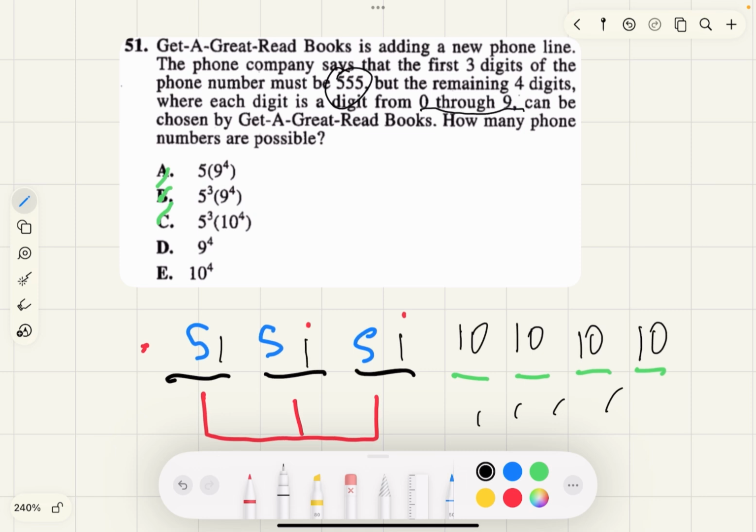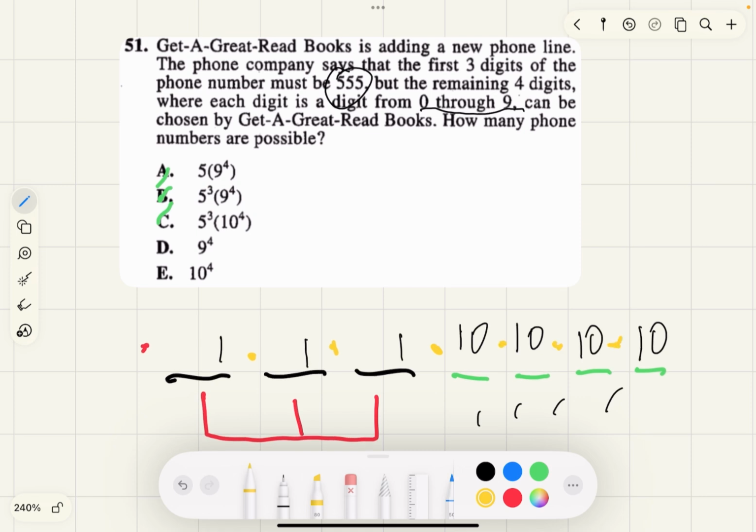Meaning that if we go back to the same process we've been using, we can just get rid of this. Since we had one option times 10 times 10 times 10 times 10, we could just put the multiplication right here.